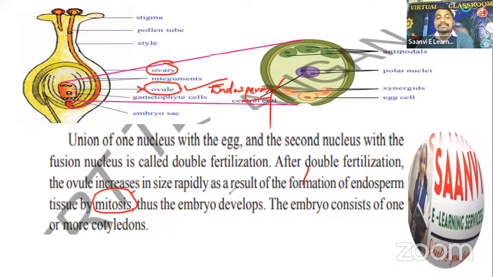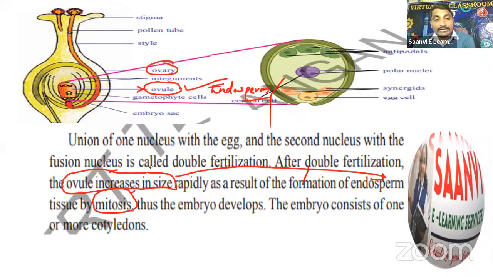Due to mitosis cell division, the tissues increase in size rapidly, and the ovule increases in size rapidly. When the ovule increases in size rapidly, it results in the formation of endosperm. It is happening by mitosis.